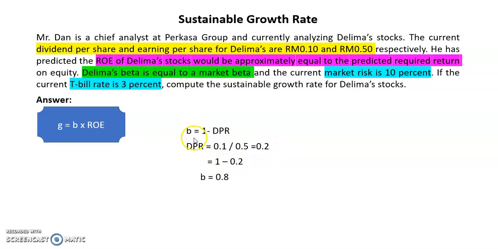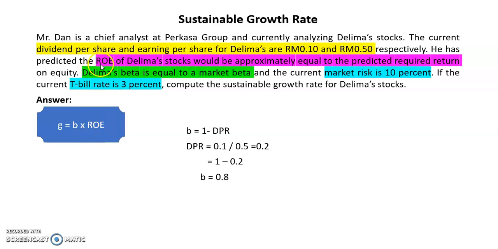Then we use the formula to calculate the retention ratio, the B. So 1 minus the DPR of 0.2, so B is equal to 0.8. Now we know the B value is 0.8 and we need to find out the value for ROE.